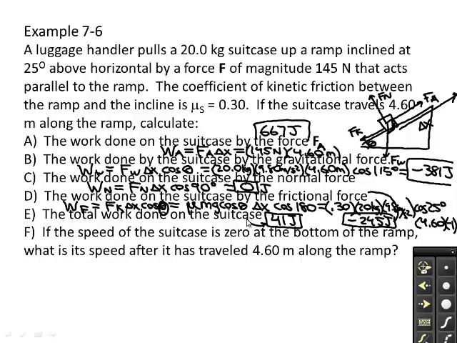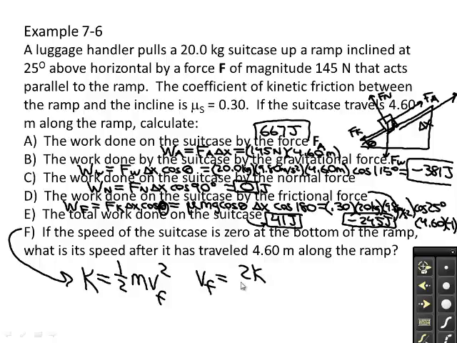So if we want to find the speed of the suitcase at the bottom of the ramp, I beg your pardon, find the speed of the suitcase at the top of the ramp, we're going to say, all right, K equals 1/2 mv squared. Okay. We're assuming the initial kinetic energy is 0 here. That's kind of important. So v final equals the square root of 2K over m.